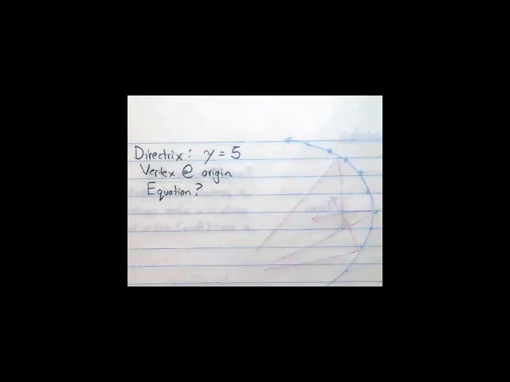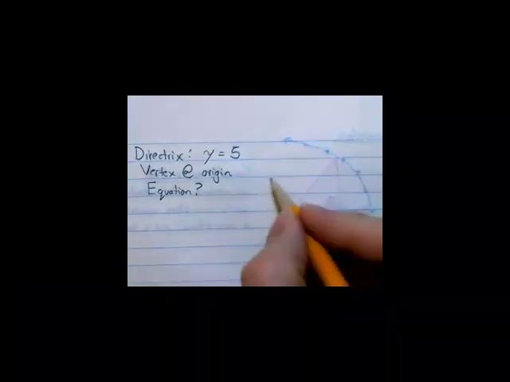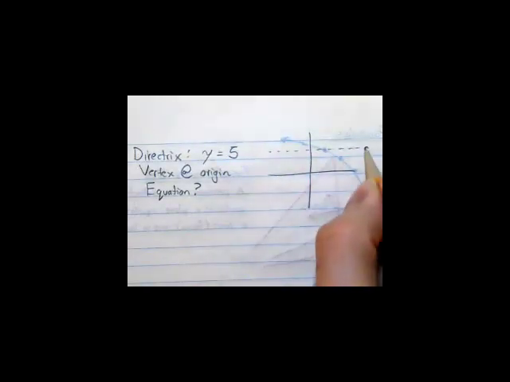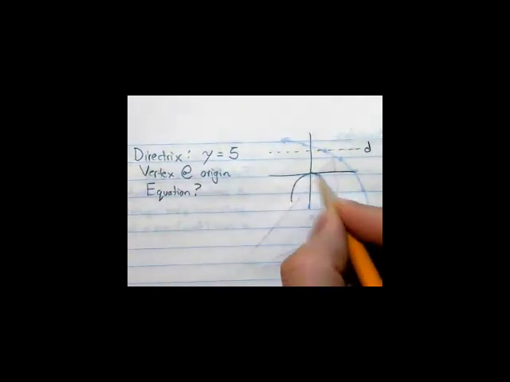So y equals 5. So the directrix is up. It's horizontal, right? Which way is this parabola opening? Down. It opens away from the directrix, right? Around the focus, but away from the directrix. So there's your directrix. It's going to look something like this.